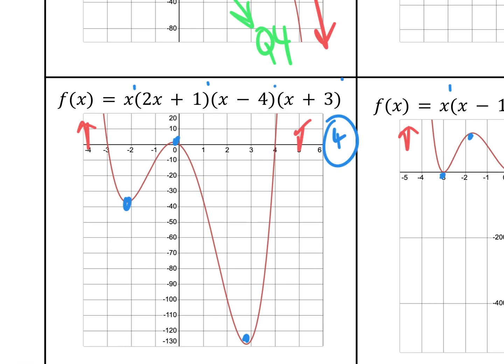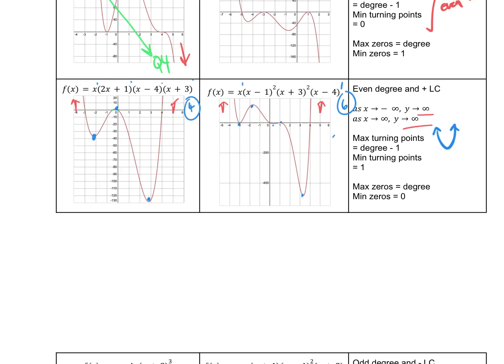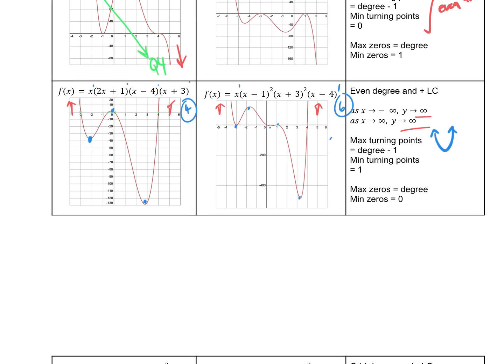If you zoom in a lot, 1, 2, 3, 4. I could actually have 0 x-intercepts in an even degree polynomial because imagine this was my x-axis. My polynomial could be all above the x-axis or fully below the x-axis because the end behaviors point in the same direction, so I never have to cross the x-axis.